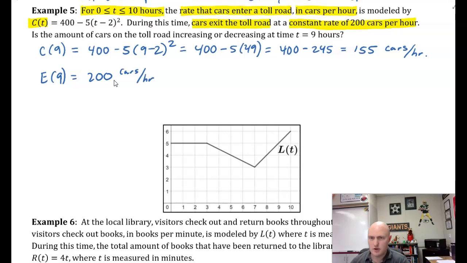Okay, so is the amount of cars on the toll road increasing, or is it decreasing at t equals 9 hours? Well, I have more cars leaving, so that would be a decreasing amount. That would be decreasing.